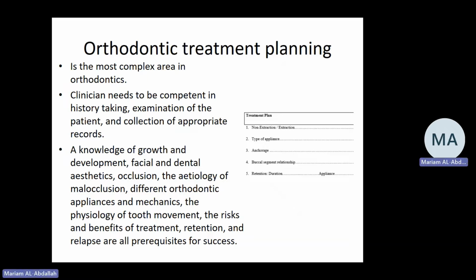So I'm trying to teach you how to use this knowledge to build up a proper treatment plan after reaching the accurate diagnosis. At any part of the lecture, if you feel that you're lost, that means that you need to go back to that basic lecture to review.